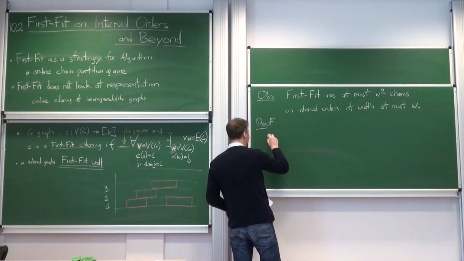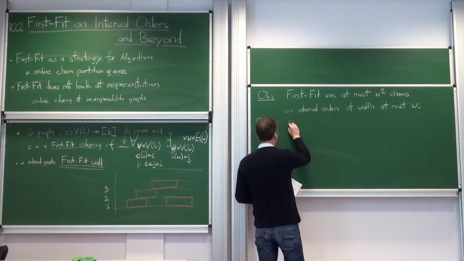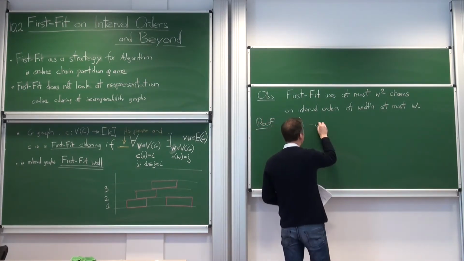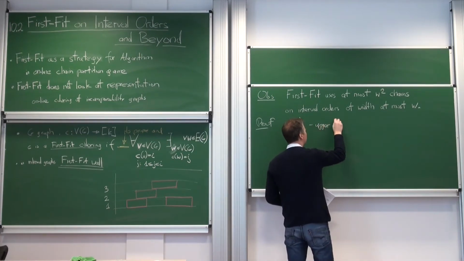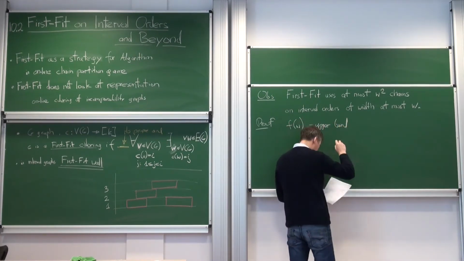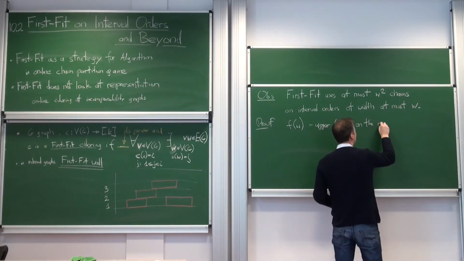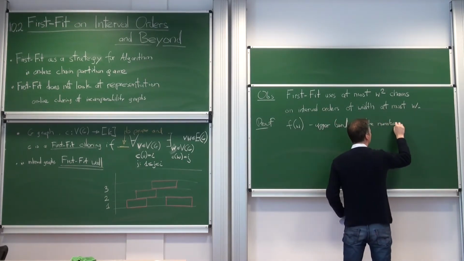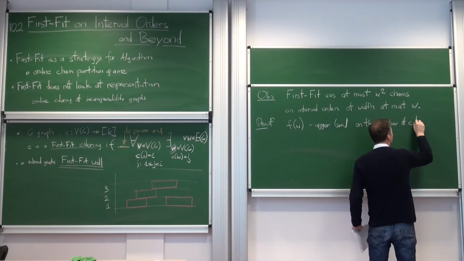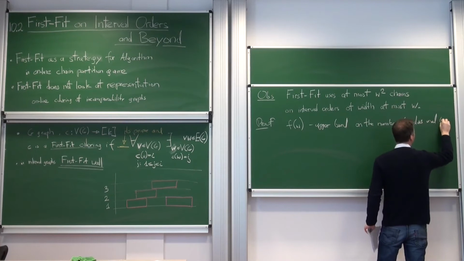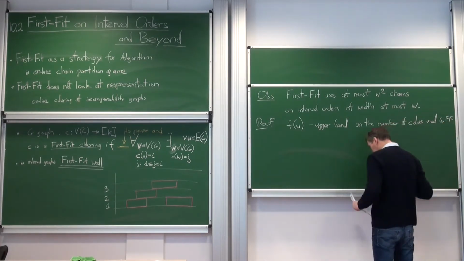In order to prove it, we will come up with a bound, which is a function of W, and this will be an upper bound on the number of colors used by first fit in this setup.